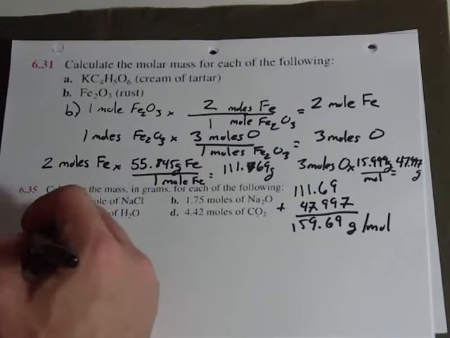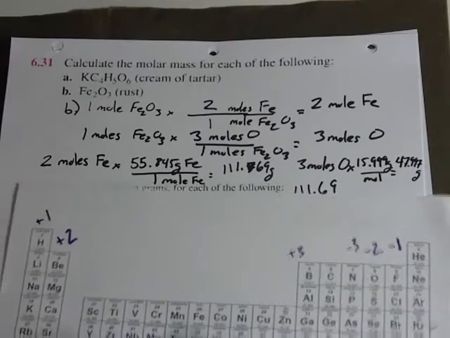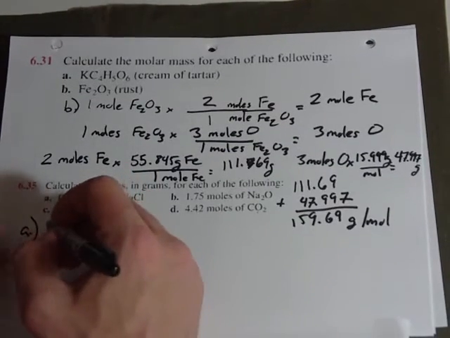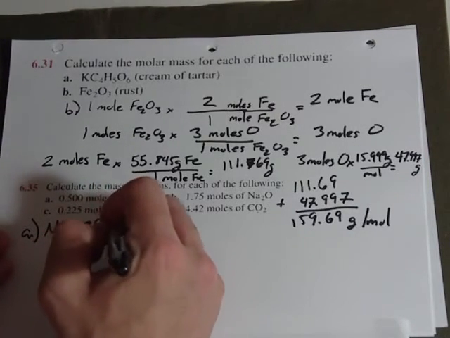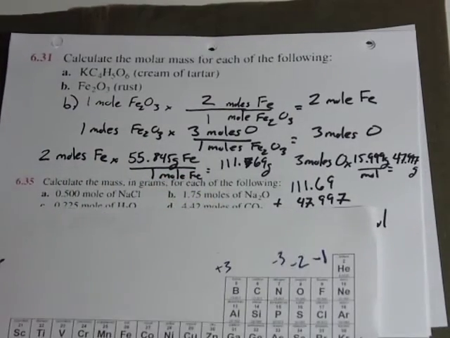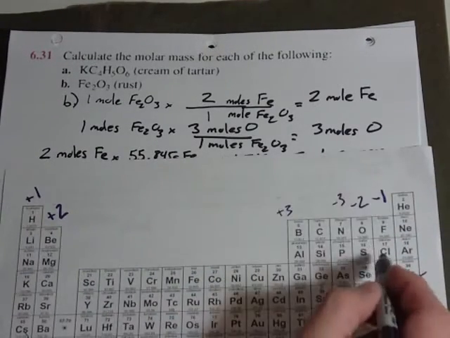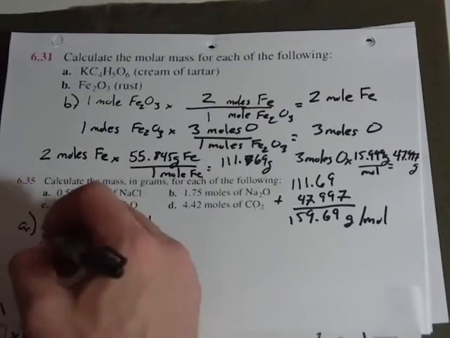So in A, we have sodium chloride. Sodium chloride has 1 sodium and 1 chlorine. So sodium is atomic number 11, and it has a molar mass of 22.990 grams per mole. Chlorine, atomic number 17, has an atomic mass of 35.45.